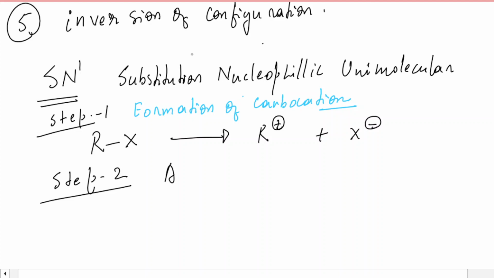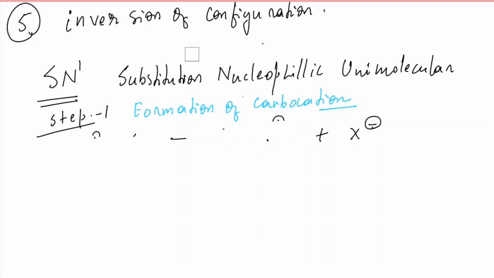Step 2 is the attack of nucleophile. I would like to take a chiral carbon compound here so that I can explain the optical activity of the chemical reaction. So I am taking here 2-chlorobutane.